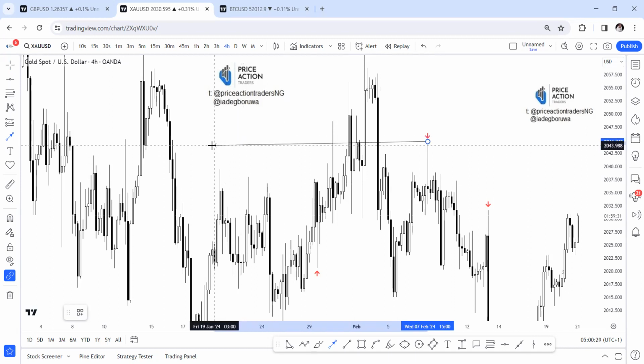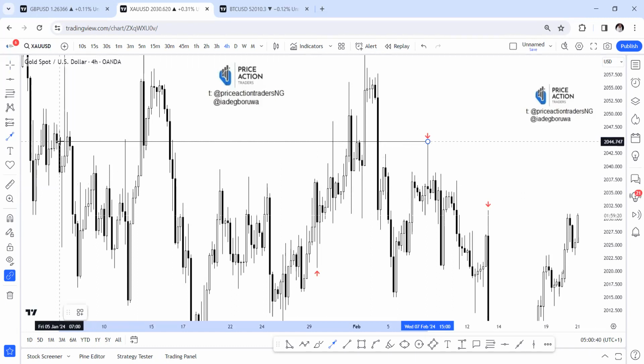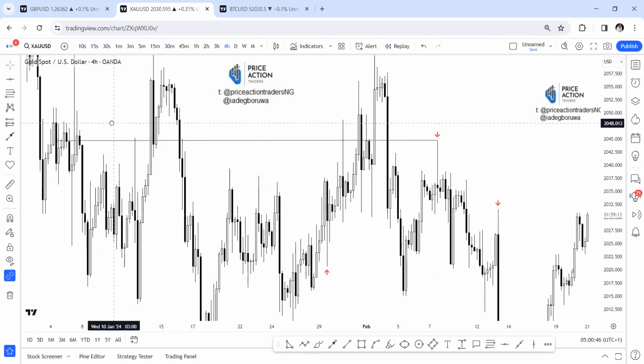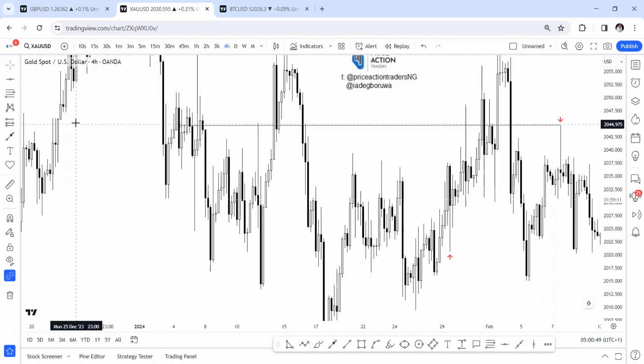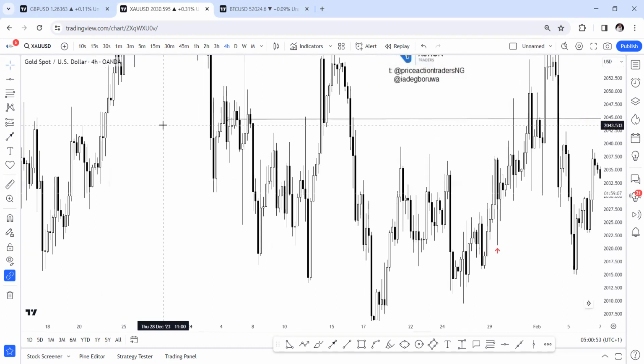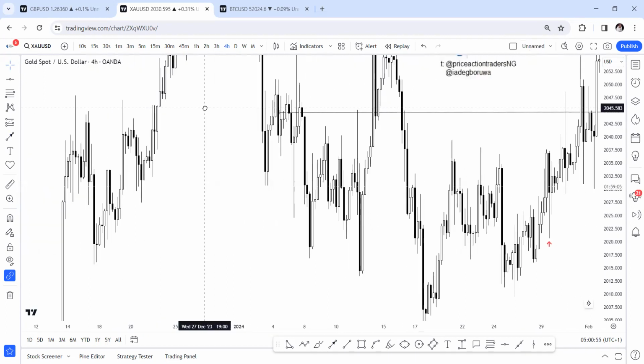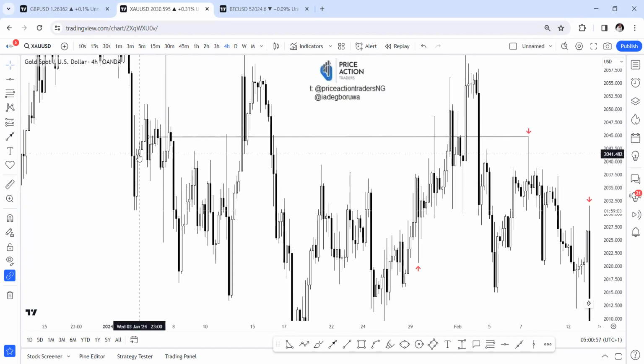Trace it back, you realize that it has been broken, retested so many times, even to this level.